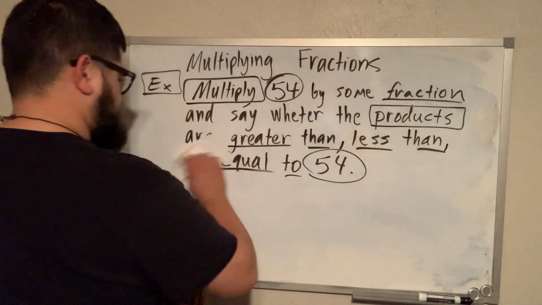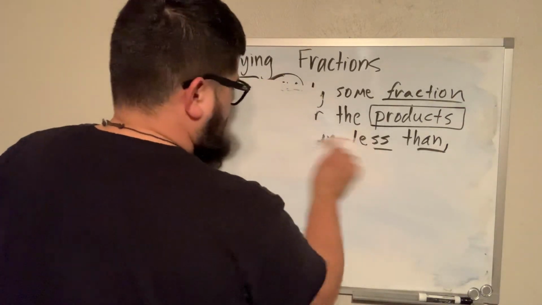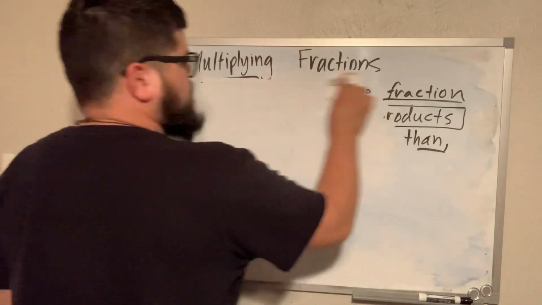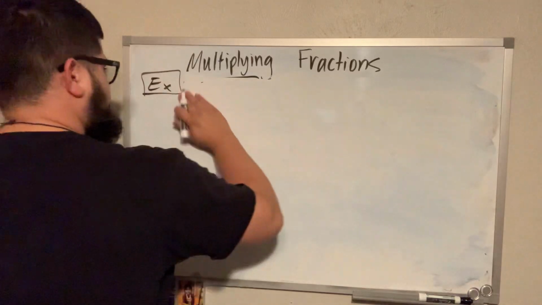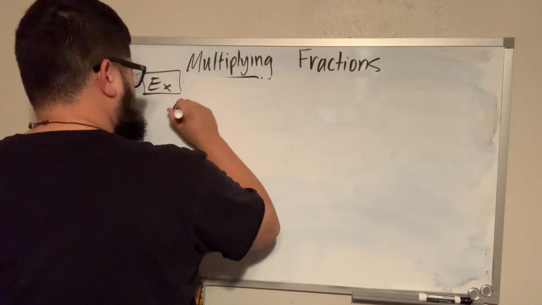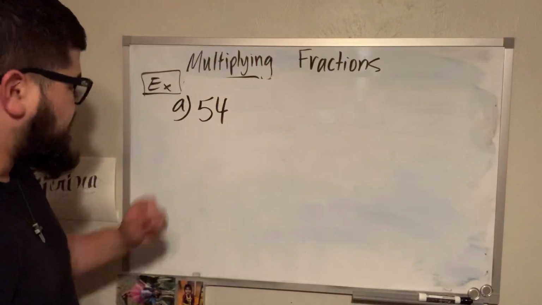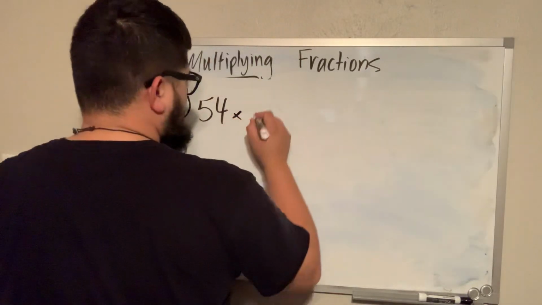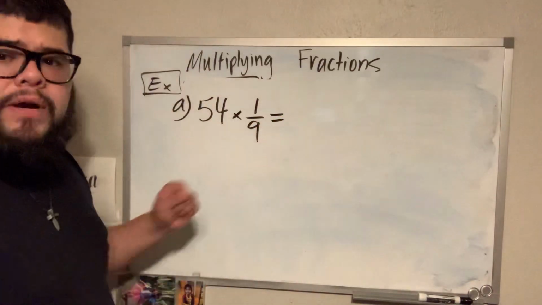Here we go. All right. So, part A. We have the number 54. We're going to multiply 54 times 1 over 9, and we're going to see what we get.